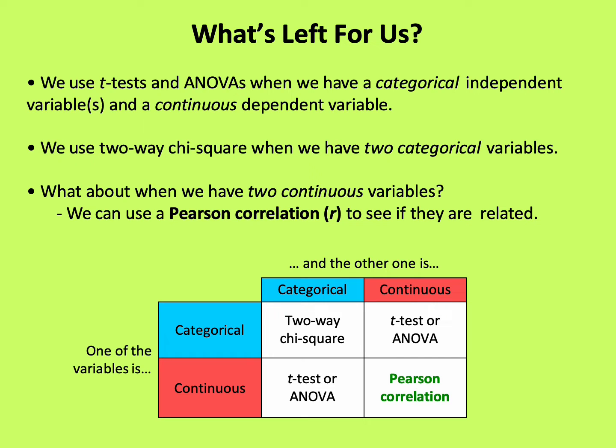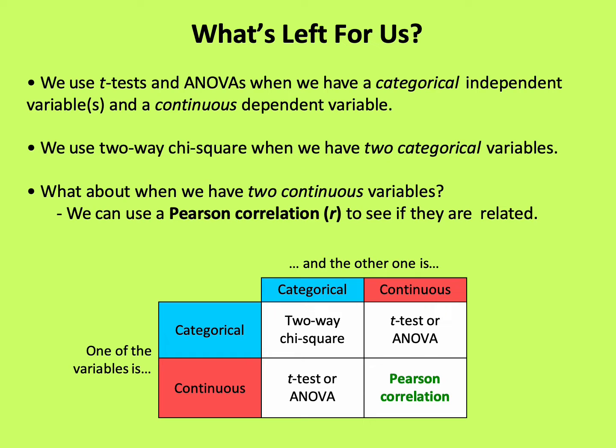If you took 306 with me during fall or spring semester, you also learned about a statistical test known as a chi-square test, and specifically a two-way chi-square test in which we have two categorical variables, right?